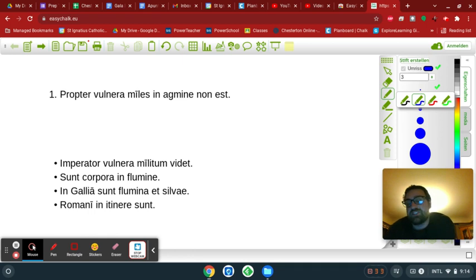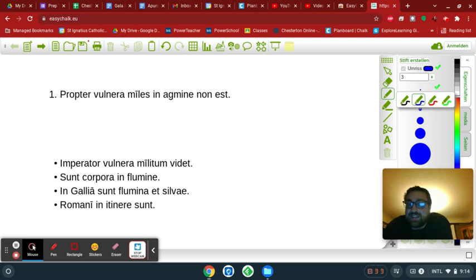Instead of having an M, it's just going to match whatever that various ending is on the top. Okay, so that's how neuter words are going to work. And then over on the plural side, the nominative and the accusative are the same as well, except they're going to have an A ending, just like we saw in the second declension. So not a whole lot new here with third declension neuters.